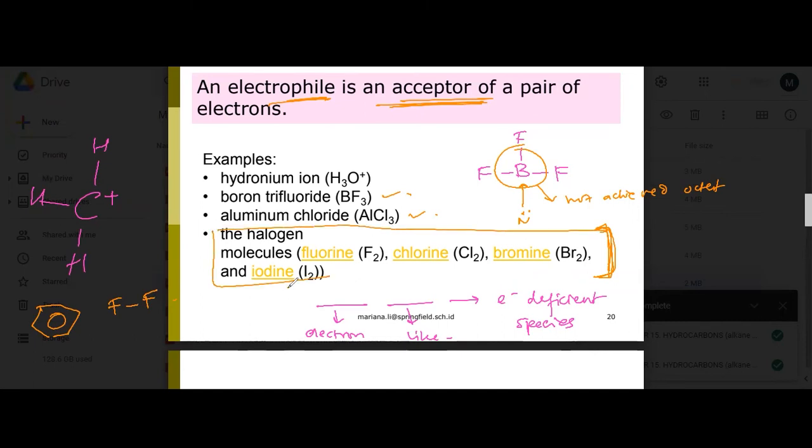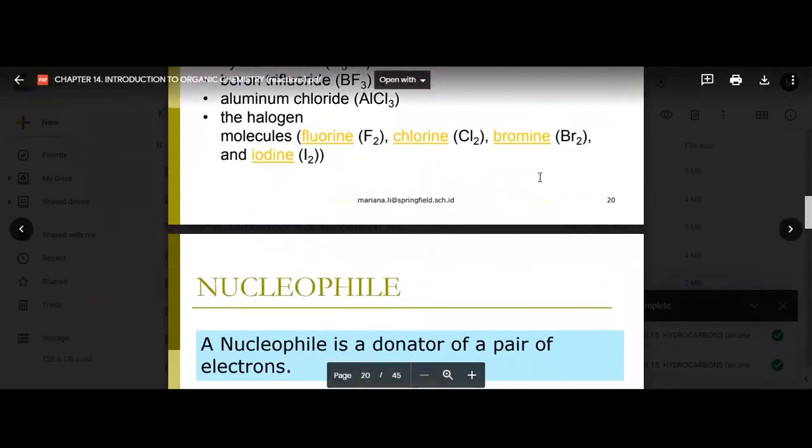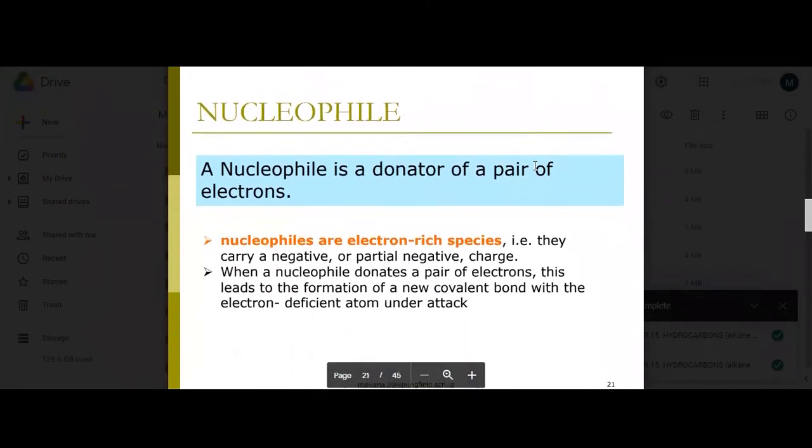But for AS, just remember the positive ions, or things that have not achieved octet configuration. Okay, understand? So what is an electrophile? An electron deficient species that will accept pairs of electrons.